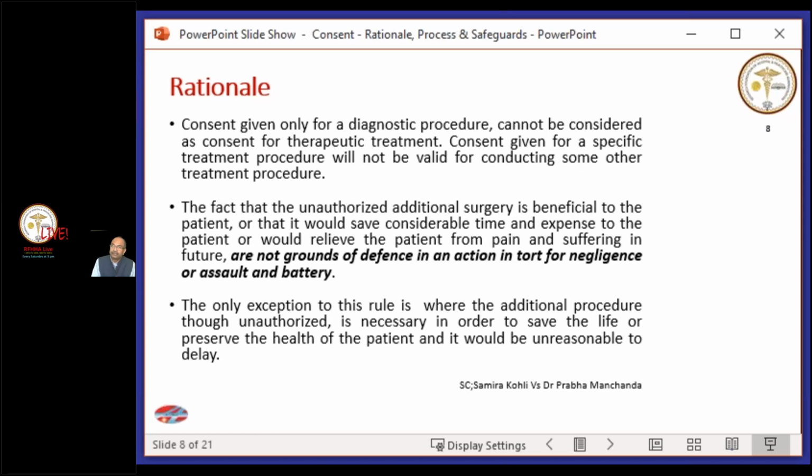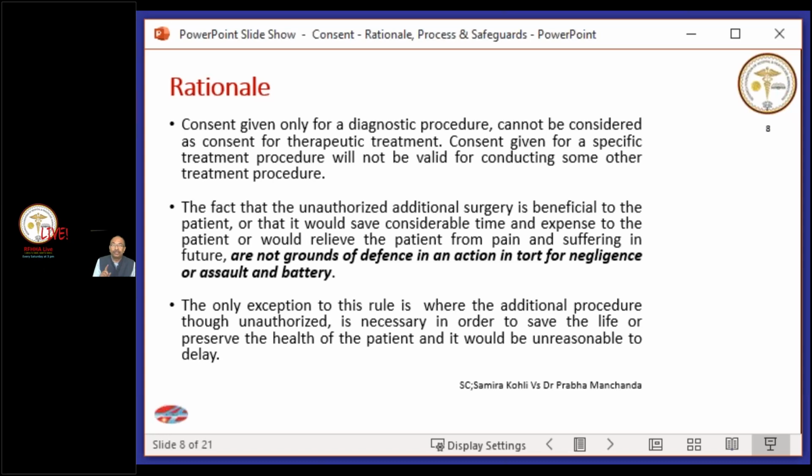battery. In other words, if the patient contests that the scope of the treatment carried out was more than the scope of the consent given, then these grounds do not constitute a defense, that the additional surgery was otherwise beneficial, or it would have saved the patient another anesthesia, another risk of surgery, another risk of anesthesia, or the fact that it would have relieved the patient from pain.